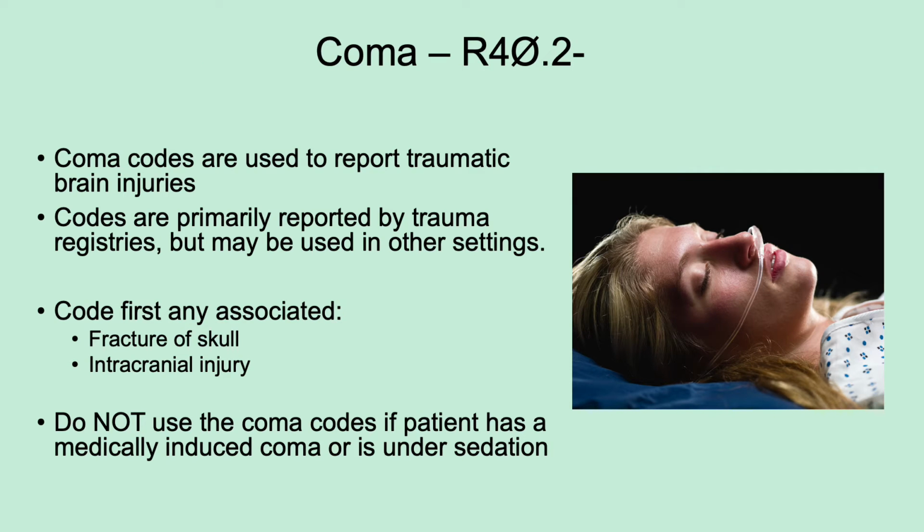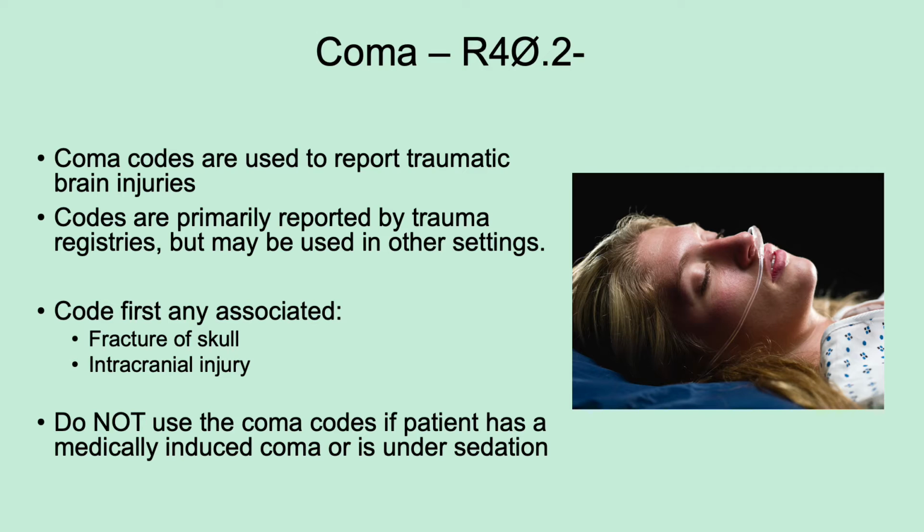So the coma scale is found in the Signs and Symptoms chapter of ICD-10, code category R40.2. So coma codes are used to report traumatic brain injuries. This is due to some outside force, like an assault, not something inside like a cerebral vascular problem.